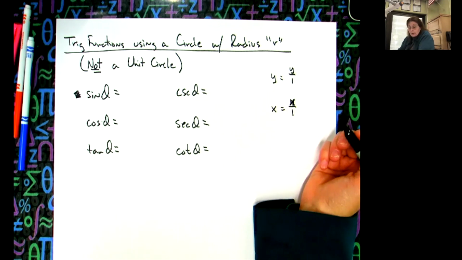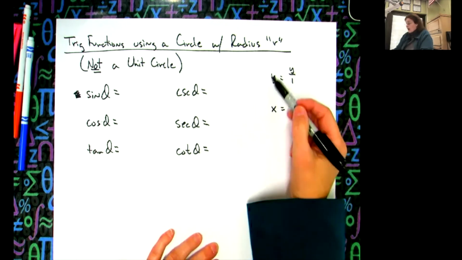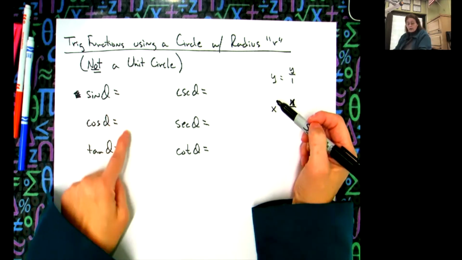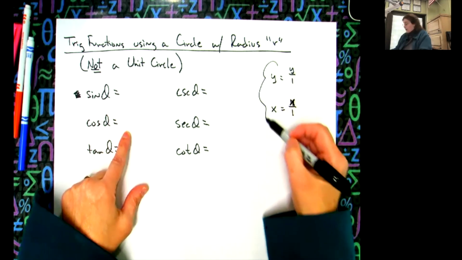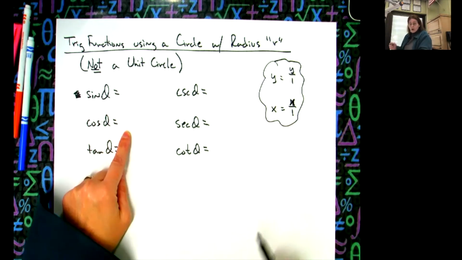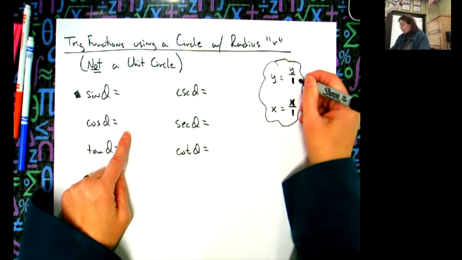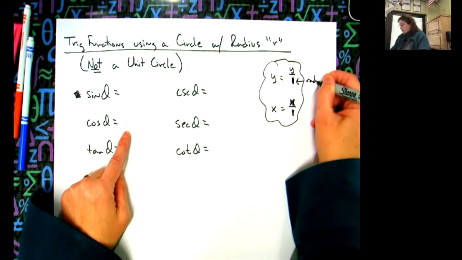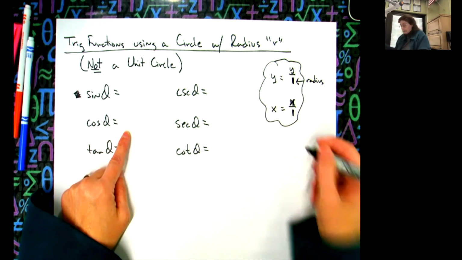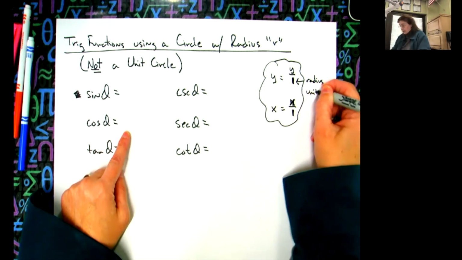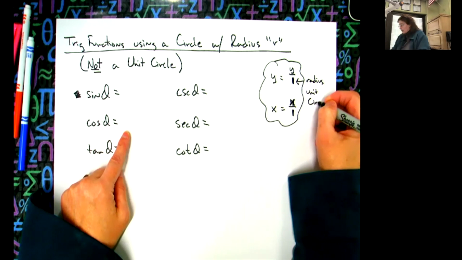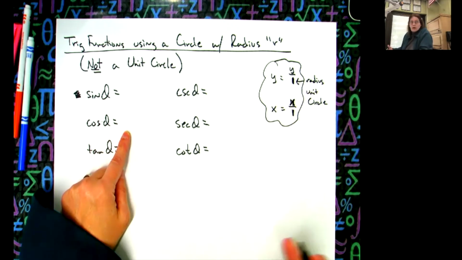I just put it over 1. We used x and y when we were defining our functions on a unit circle. There's the 1 from the unit circle. That was the radius of the unit circle. But we didn't write it because no one writes y over 1. You just write down y.